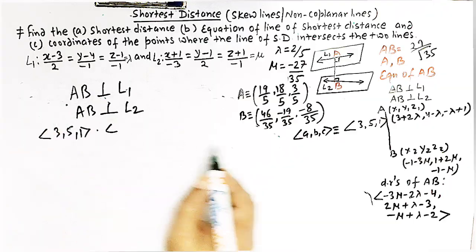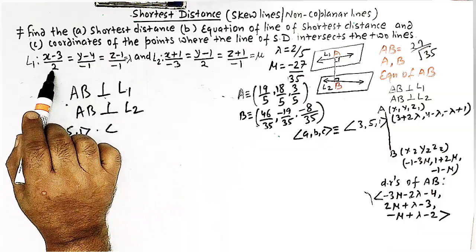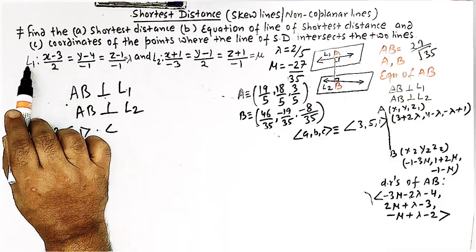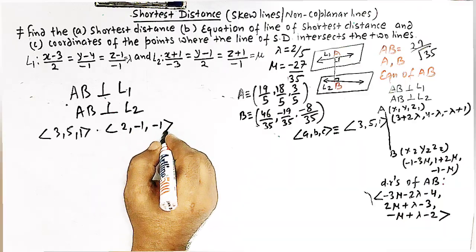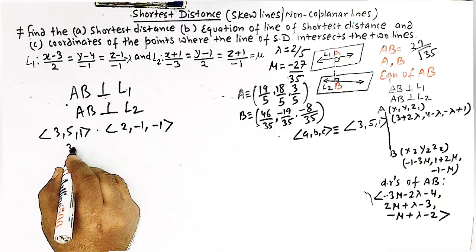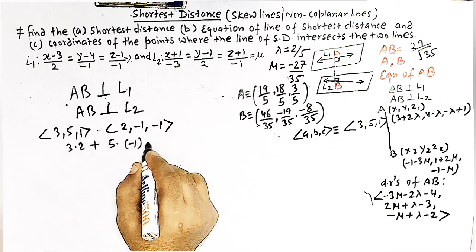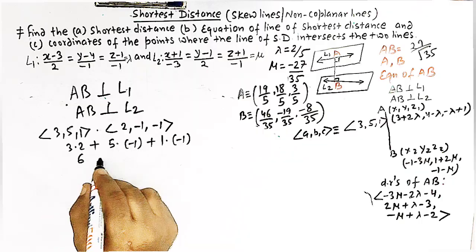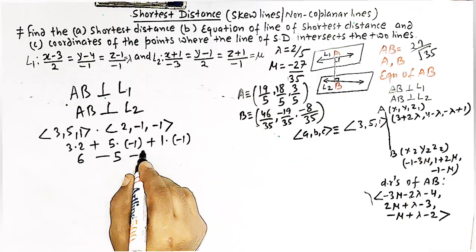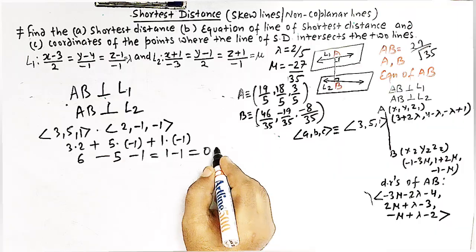So if we take the dot product of 3, 5, 1 vector with the direction ratios of L1, that is the vector 2, minus 1 and minus 1, then we can see that we have 3 times 2 plus 5 times minus 1, then we have 1 times minus 1, so this is 6, this is minus 5, and this is minus 1, so 6 minus 5 is 1, 1 minus 1 is 0, right?